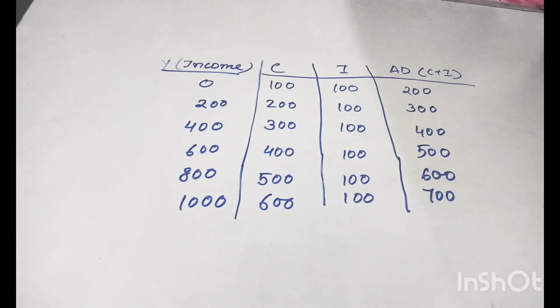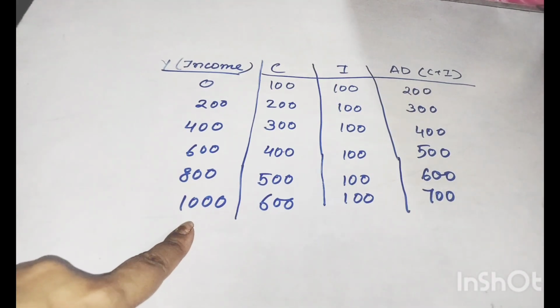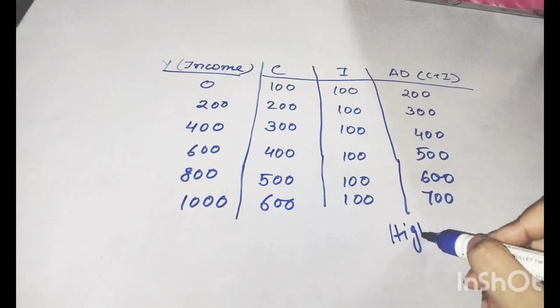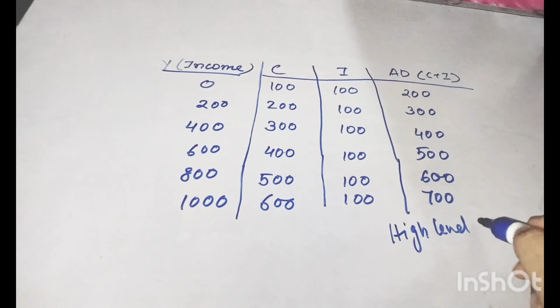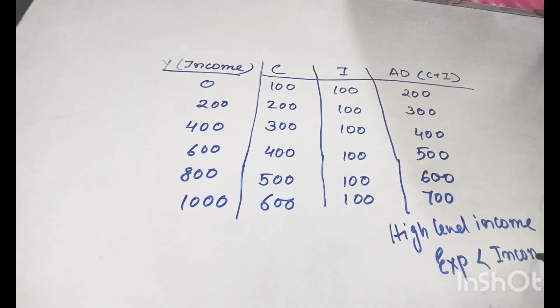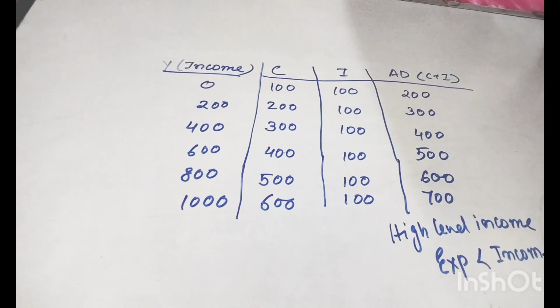At a high level of income, expenditure is less than the income. Why is expenditure less than the income?